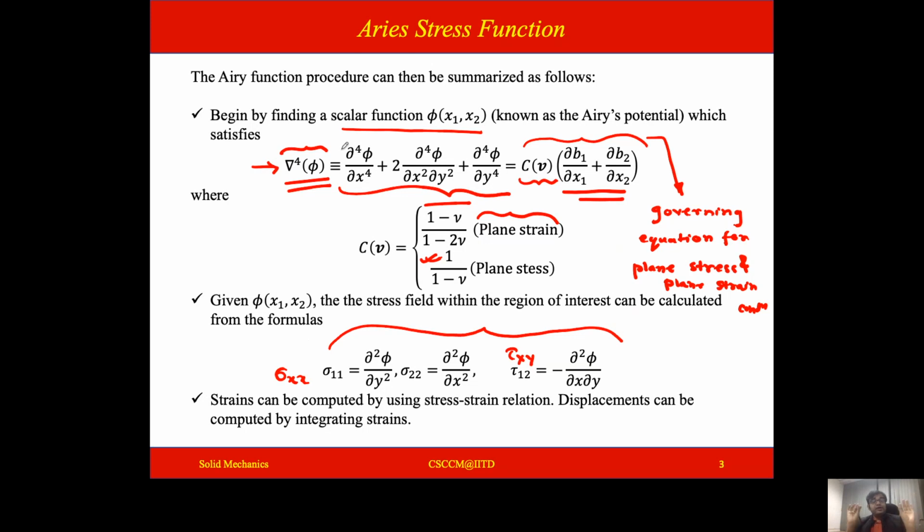Now, can you guess what we are going to do? It's actually simple. So we have this equation, which is del 4 phi by del x4 plus twice del 4 phi by del x2 del y2 plus del 4 phi by del y4, and this is equal to 0.